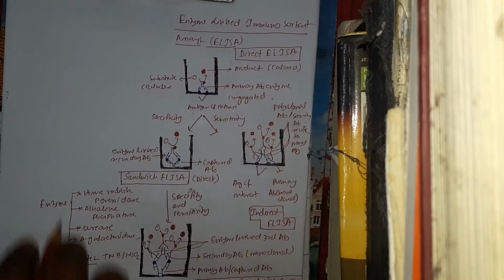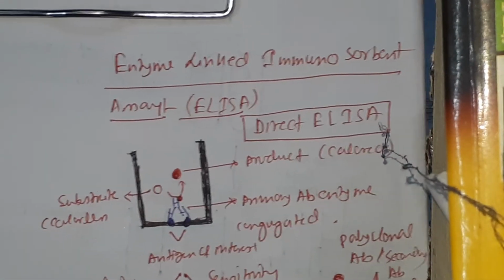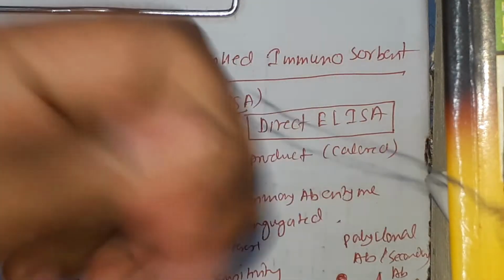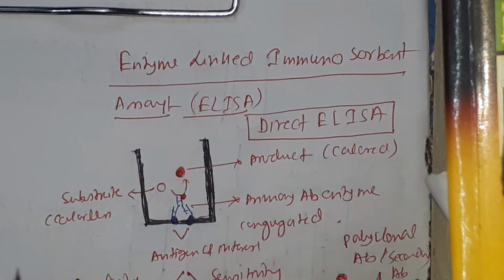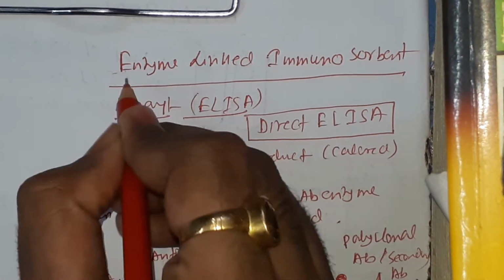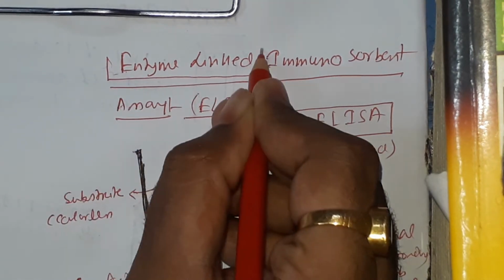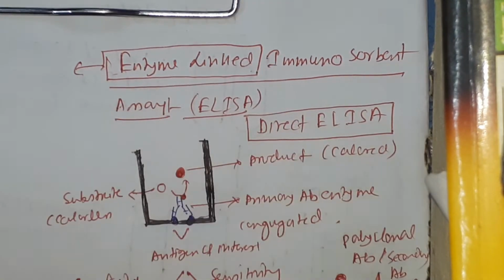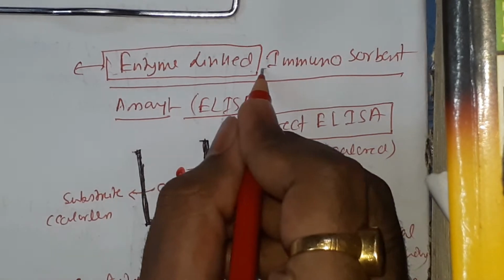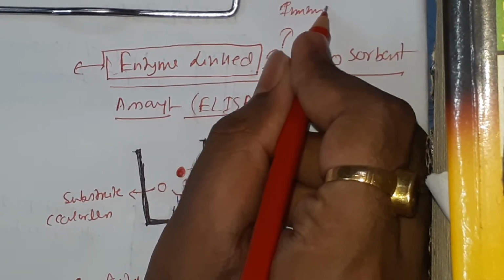So what is enzyme linked immunosorbent assay? Enzyme linked immunosorbent assay means, by its name, enzyme linked. That means we are going to use a molecule that is linked with enzyme. Immuno means immune complexes.